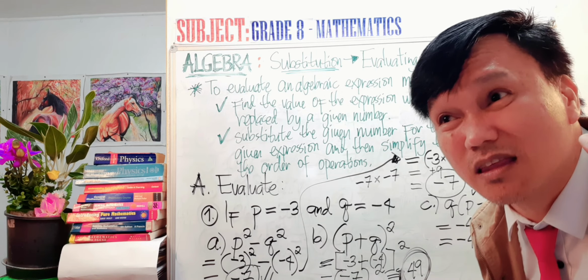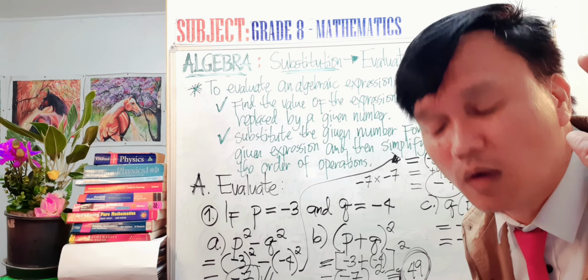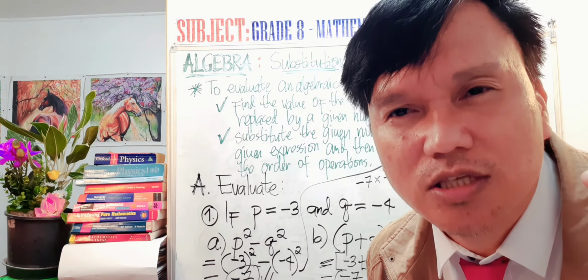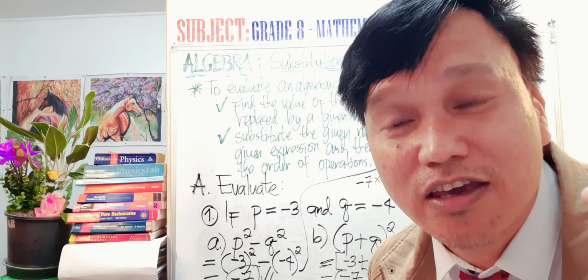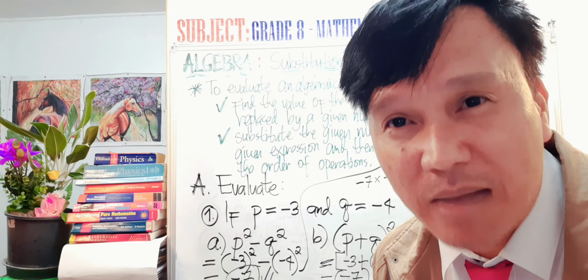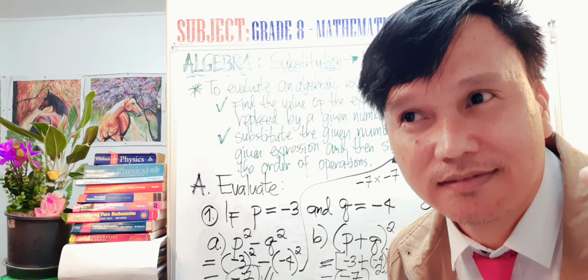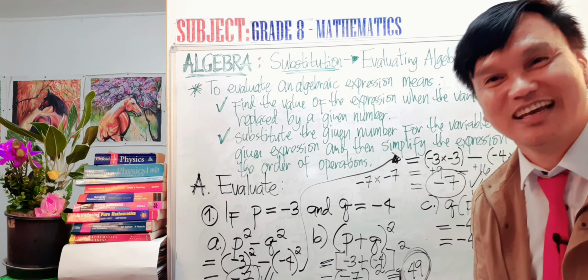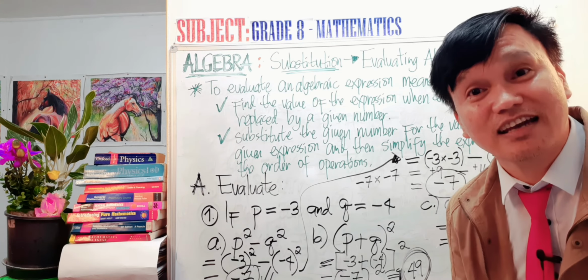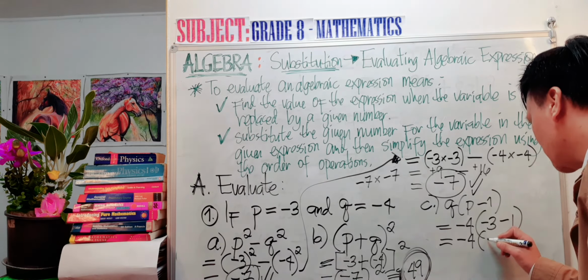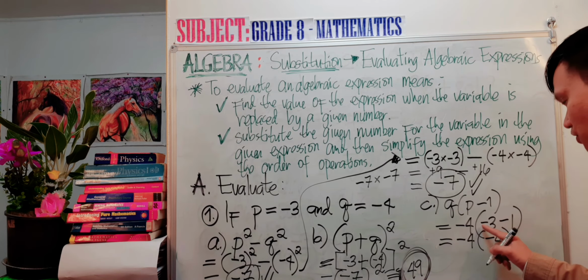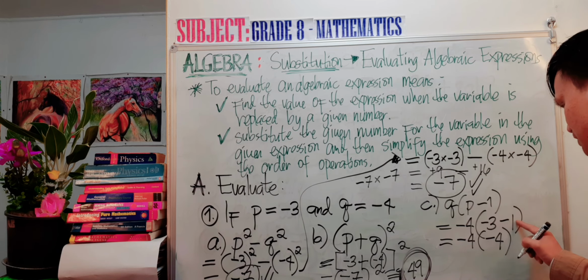What is it? -3 minus 1. When we perform that one, what is the rule? -3 minus 1. Yes, very good. You got it right. The correct answer is -4. Okay? So it is -4 when we perform -3 minus 1.